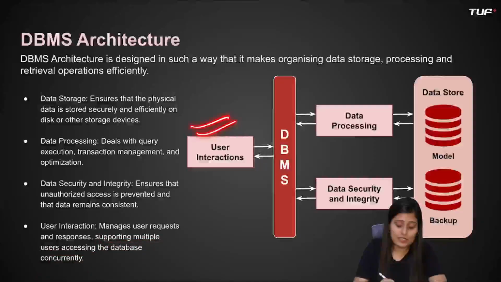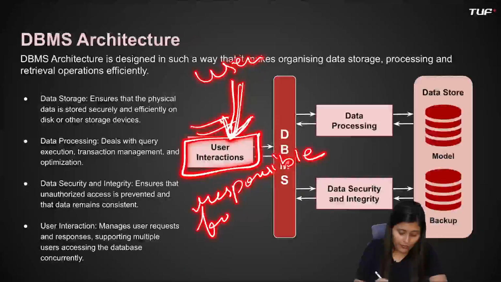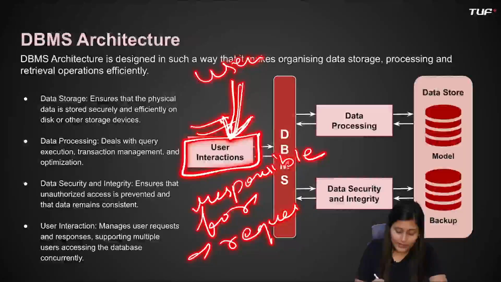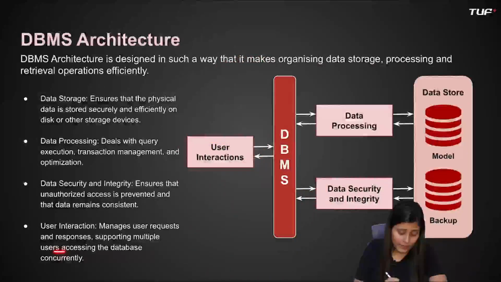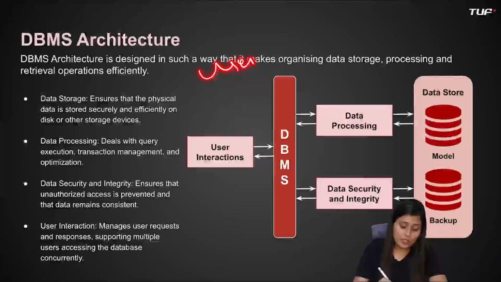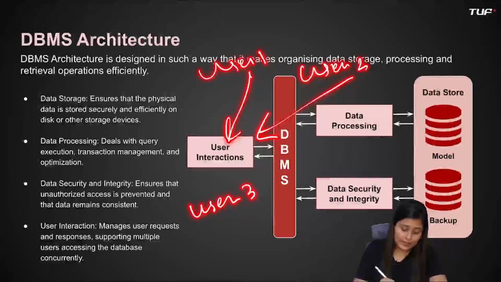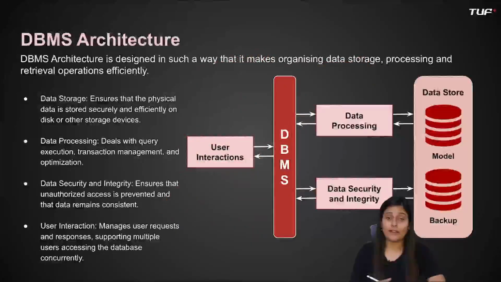User interaction is responsible for sending the request to DBMS, getting the response from DBMS and sending it to the client, and along with that it also supports multiple users accessing the data concurrently. Means if multiple users want the data at the same time, then user interaction should be capable of handling concurrent requests as well.